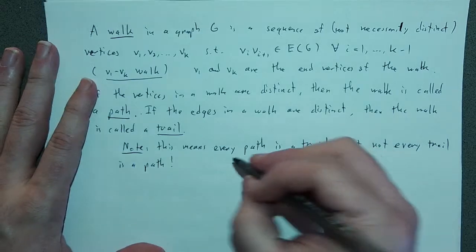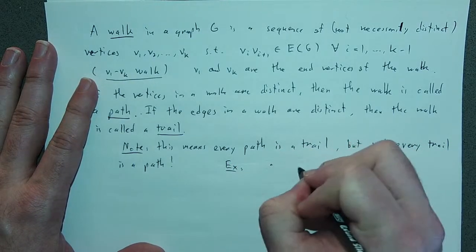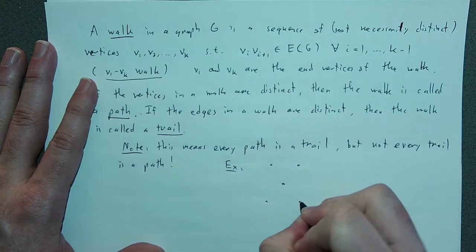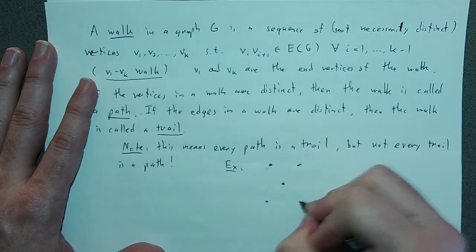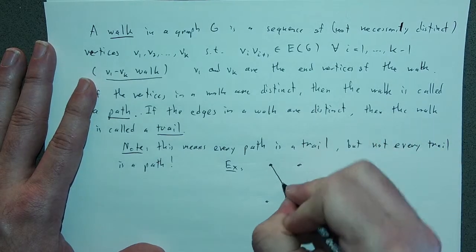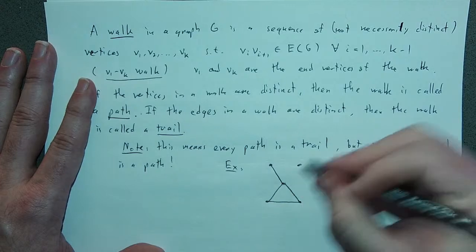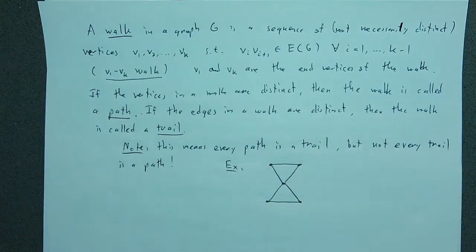So what is an easy example showing this? Here, let's take a graph of order 5. There, right? This hourglass looking thing.